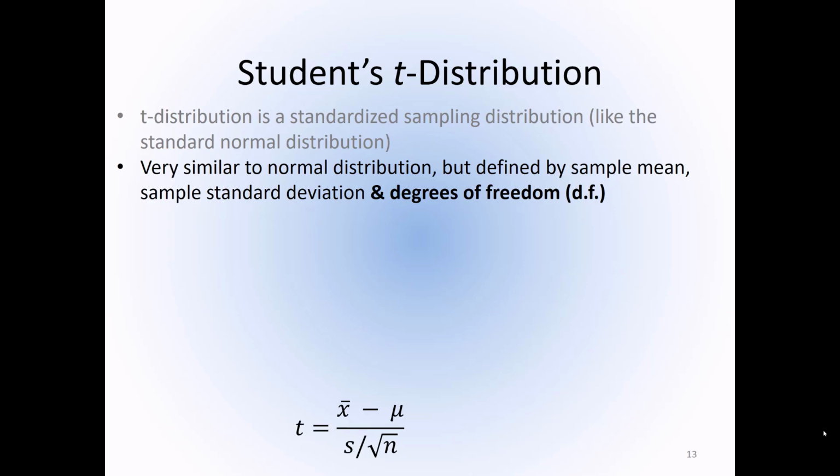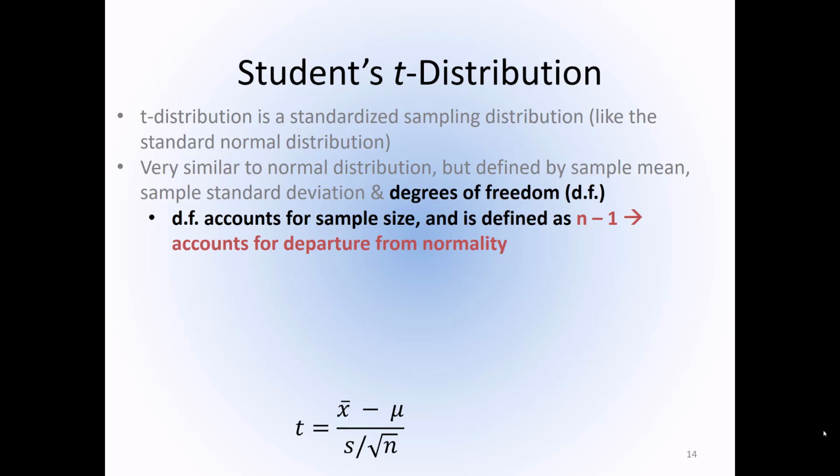And it's similar in that the distribution is going to be defined by the mean and the standard deviation. However, these are going to be for the sample, but it's also defined by this new term that we have, degrees of freedom. And the degrees of freedom takes into account sample size, and it's in this particular distribution defined by n minus 1, so the sample size minus 1.